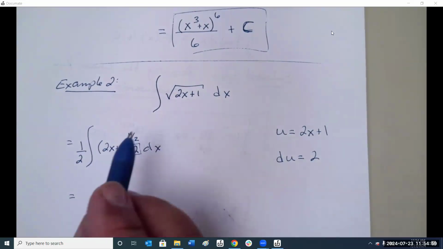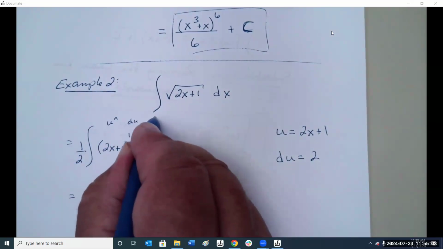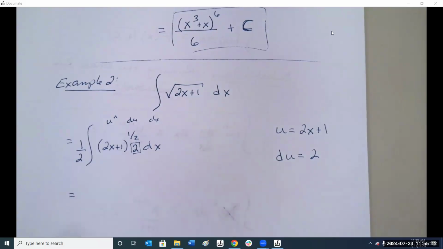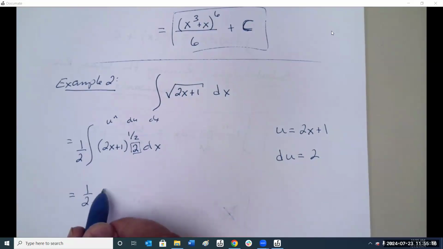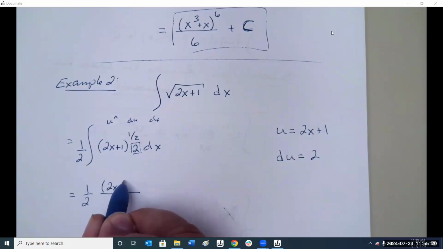So now we're in the form u to the power n du dx. Now we have that. We haven't taken the integral yet. So this 1/2 stays out in front. We have u, which is 2x plus 1.